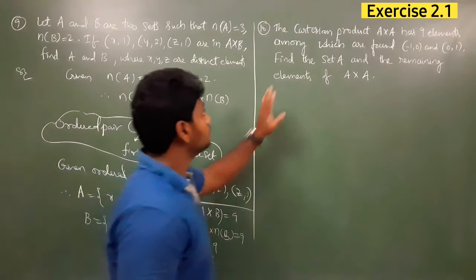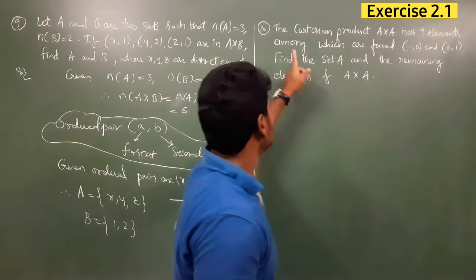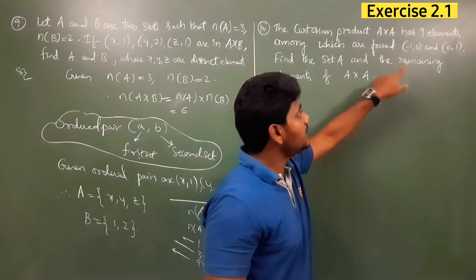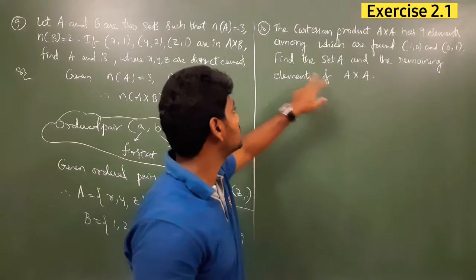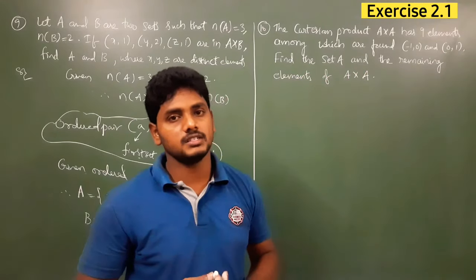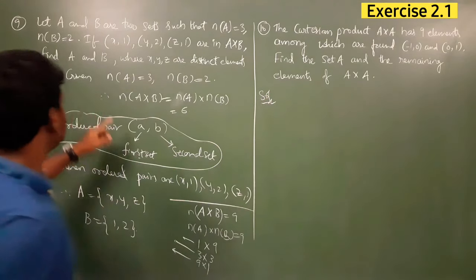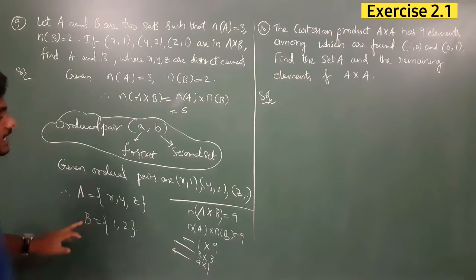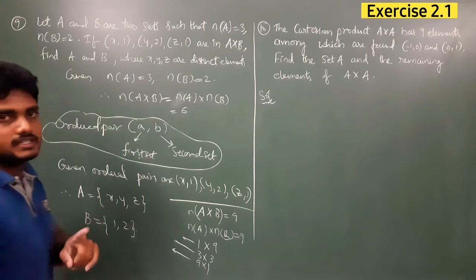Right? Now when it comes to the 10th question, the Cartesian product A × A has 9 elements, among which are found (-1, 0) and (0, 1). Out of 9 elements, those are 2 elements. Find the set A and the remaining elements of A × A. Here we have 2 sets, A and B, meaning the first element belongs to the first set and the second element belongs to the second set, right?